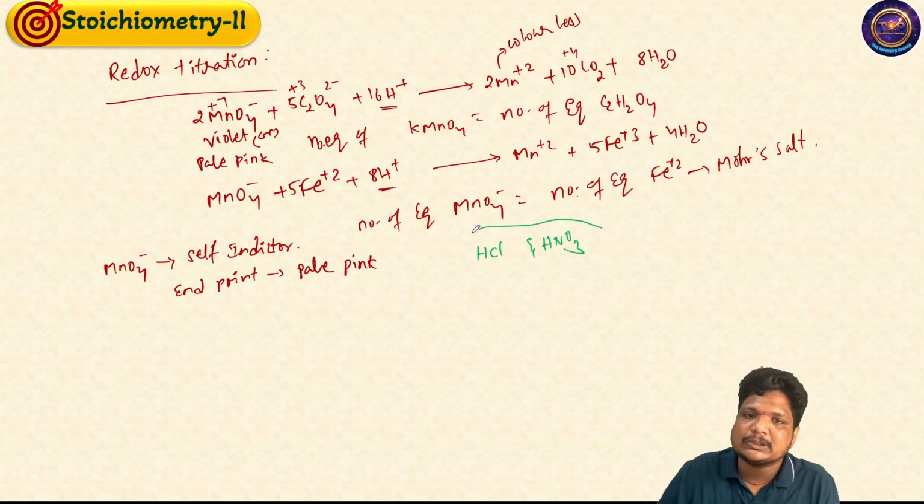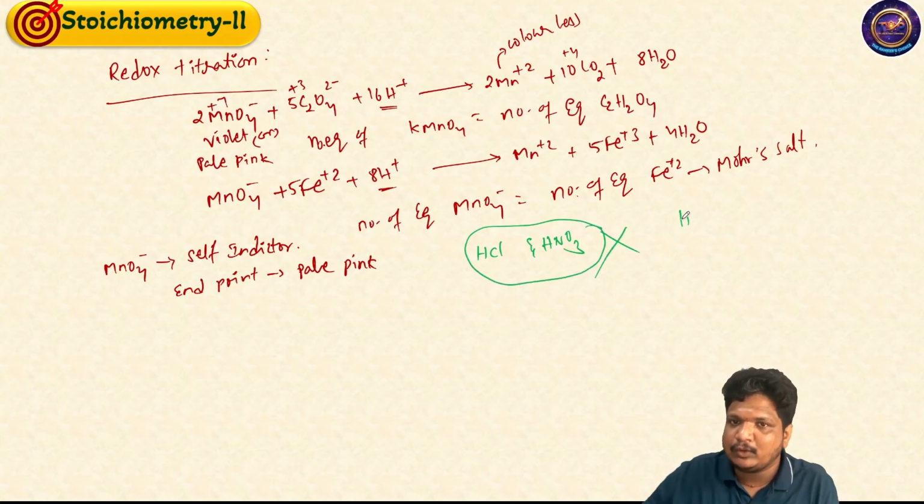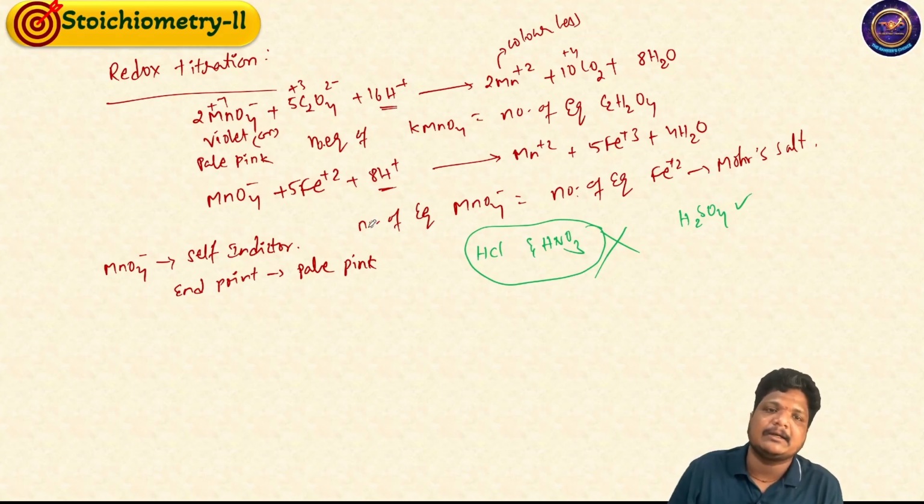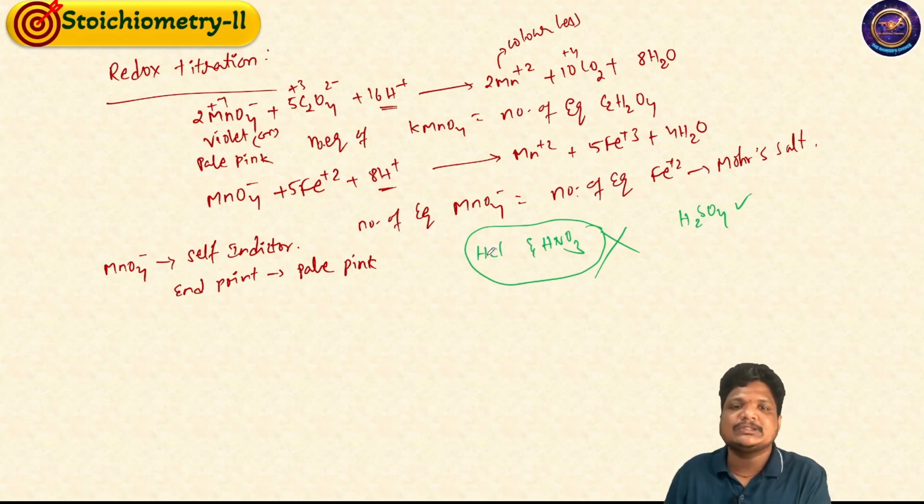These two are not allowed for this titration. We have to use only H2SO4 for this titration. The reason is that in the case of HCl, the chloride also reacts with potassium permanganate. Potassium permanganate converts the Cl minus into Cl2 gas.